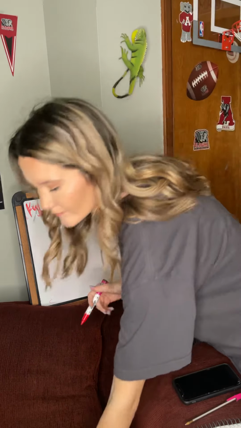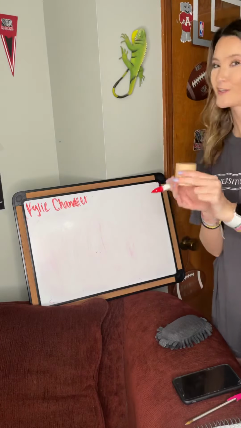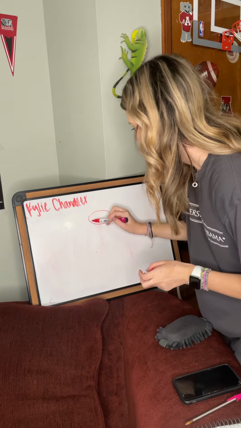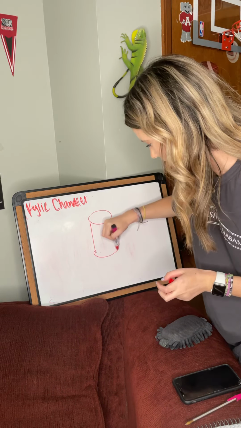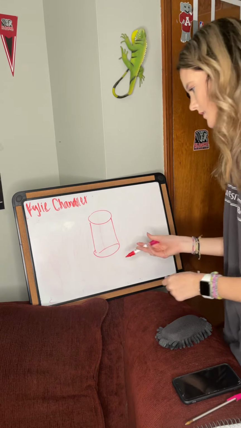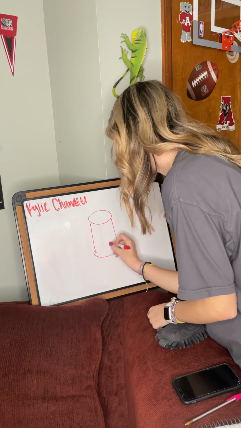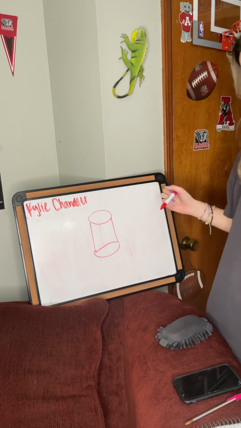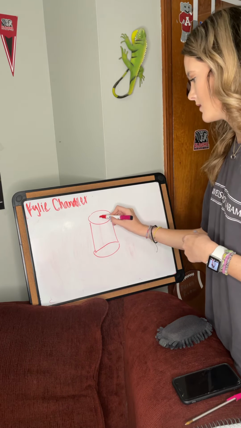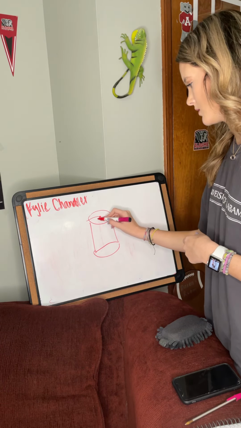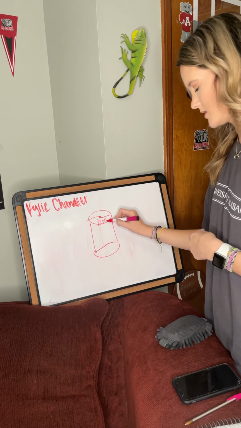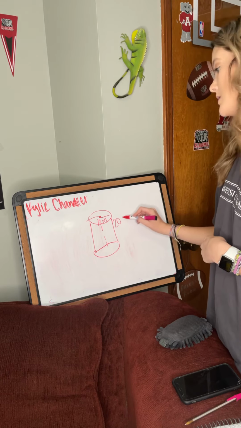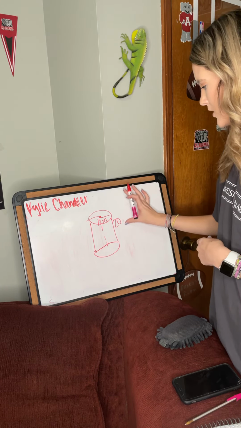So we're going to draw another circular cylinder and find the surface area. We're going to make the diameter 12 inches and the height 20 inches, using some bigger numbers now.